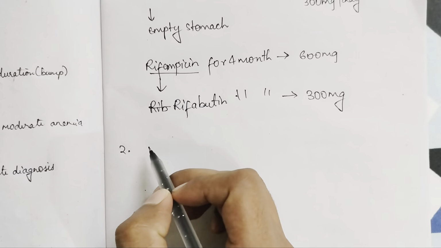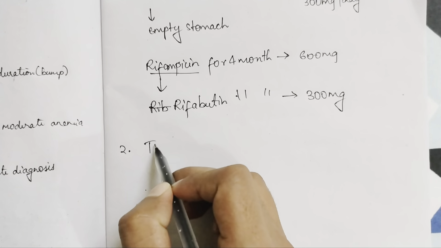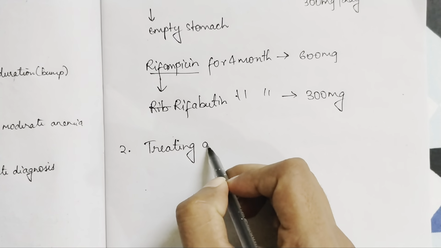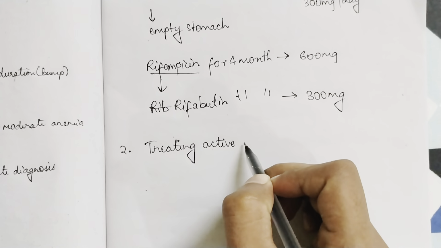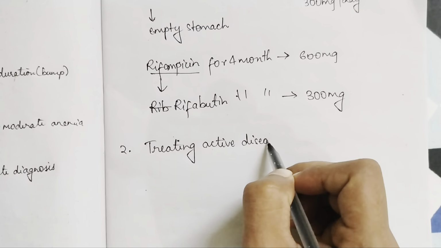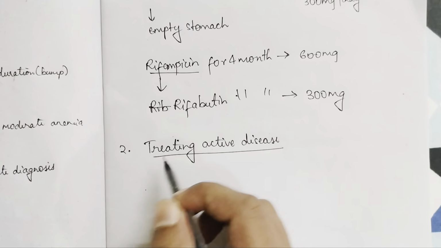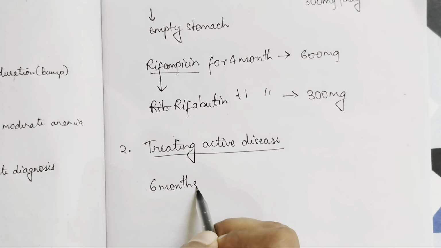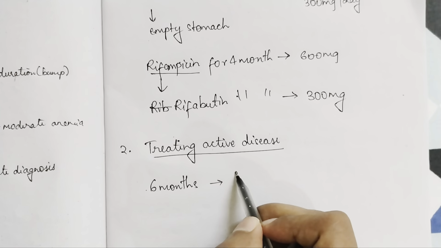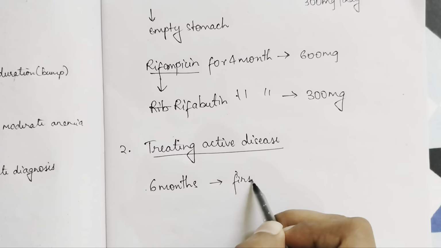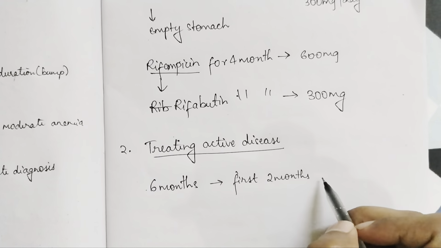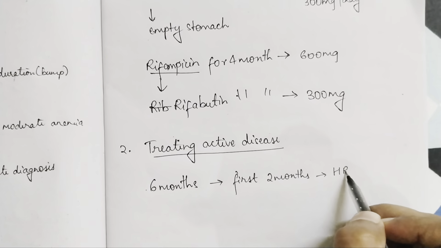Right, now we will go with treating the active disease. How will we treat the active disease? The guideline recommends 6 months of therapy. For the first 2 months, all the HRZE will be given.